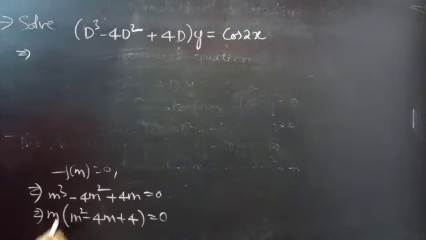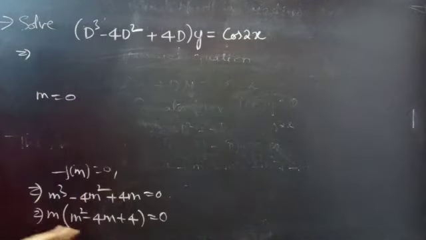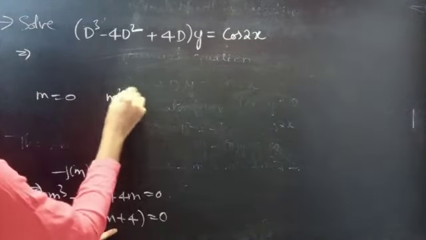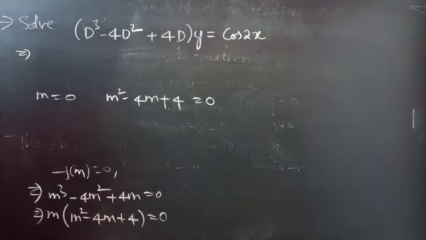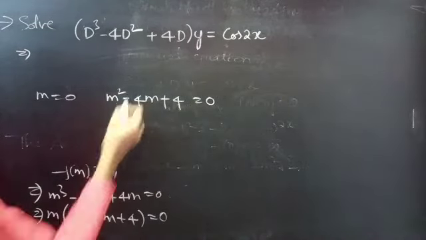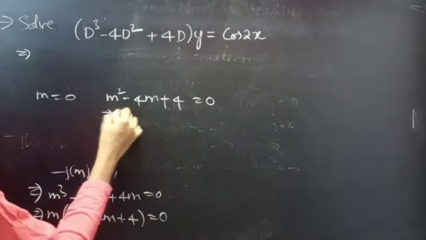Then equate each term to 0: equate m to 0 and equate the terms under brackets to 0. Here we have m square minus 4m plus 4 equals 0.